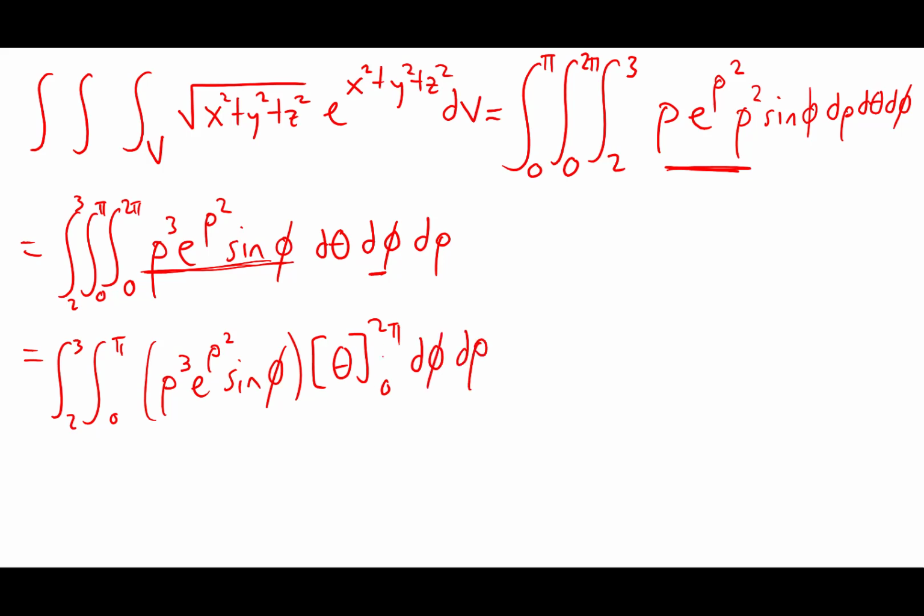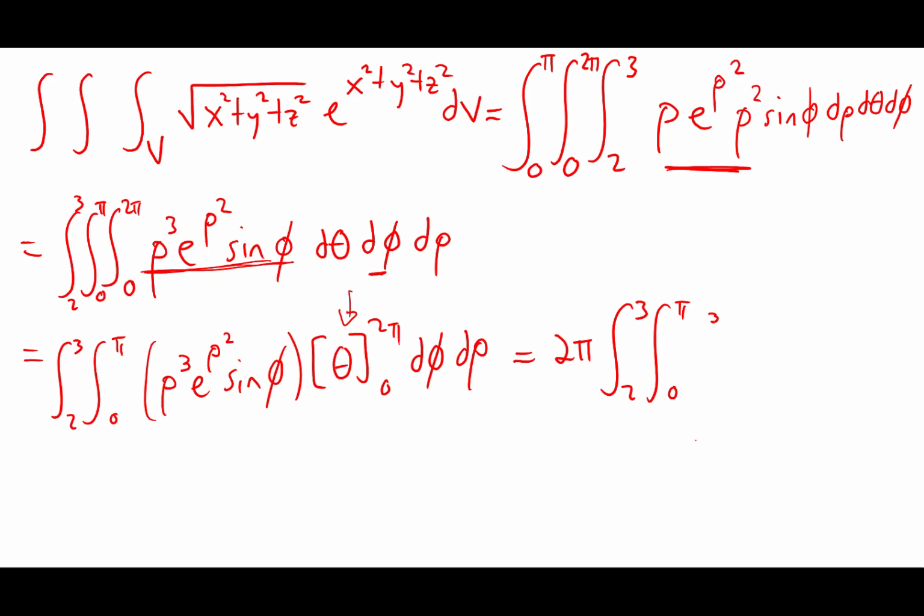If you plug in 2 pi, you just get 2 pi. If you plug in 0, you get 0, so this ends up just being a 2 pi, and we'll pull that constant all the way to the outside. So that 2 pi is taking care of this bit.